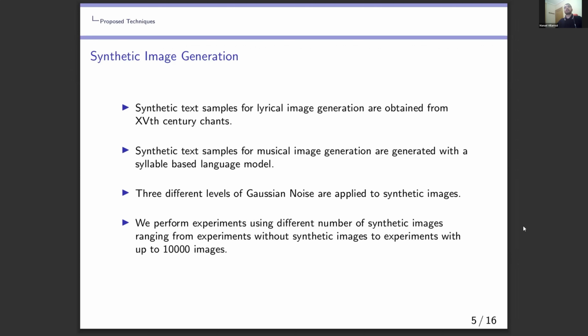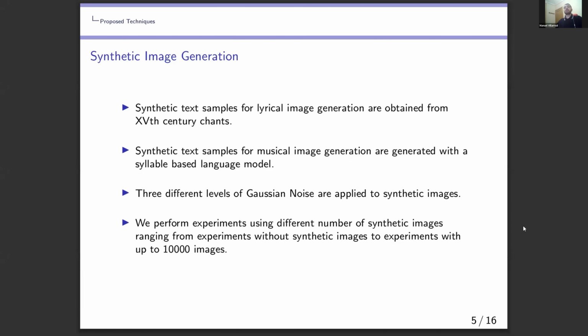We generate synthetic images, of which we will see some examples following this slide, and they are based on synthetic text samples. We use 15th century chants, which are very similar in mode to what is expected to be found in the real data. And for musical image generation, the samples from which we generate the images, we utilize a syllable-based language model.